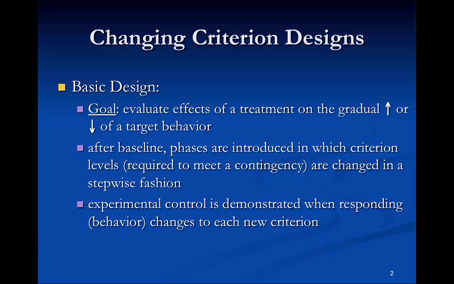So, for example, this is used primarily in things like weight loss or programs to get people to stop smoking cigarettes. For example, let's use cigarettes because it's a great example. So you'd start off with a baseline. If I smoke 25 cigarettes a day, you'd say, okay, your goal now is to reduce down to 15 cigarettes a day, and whatever the criterion intervention is that I'm working on.